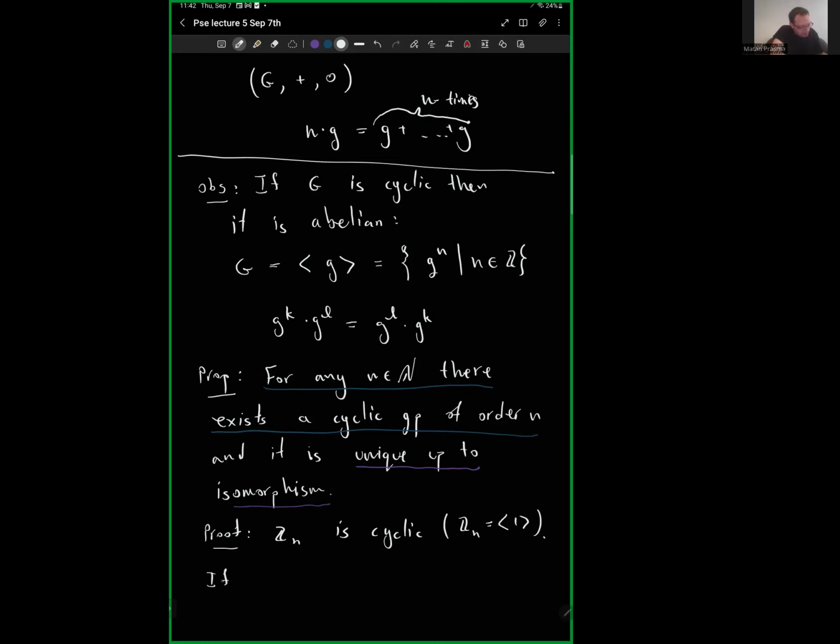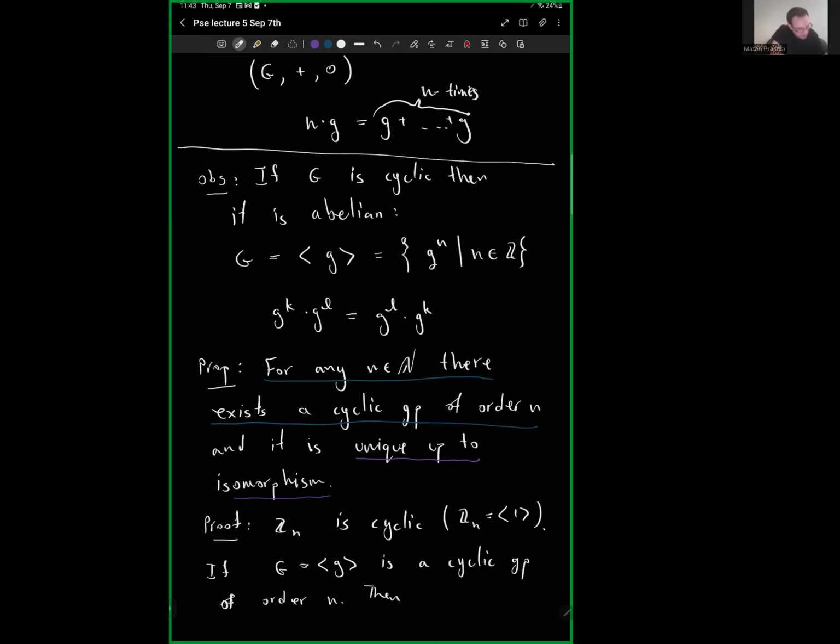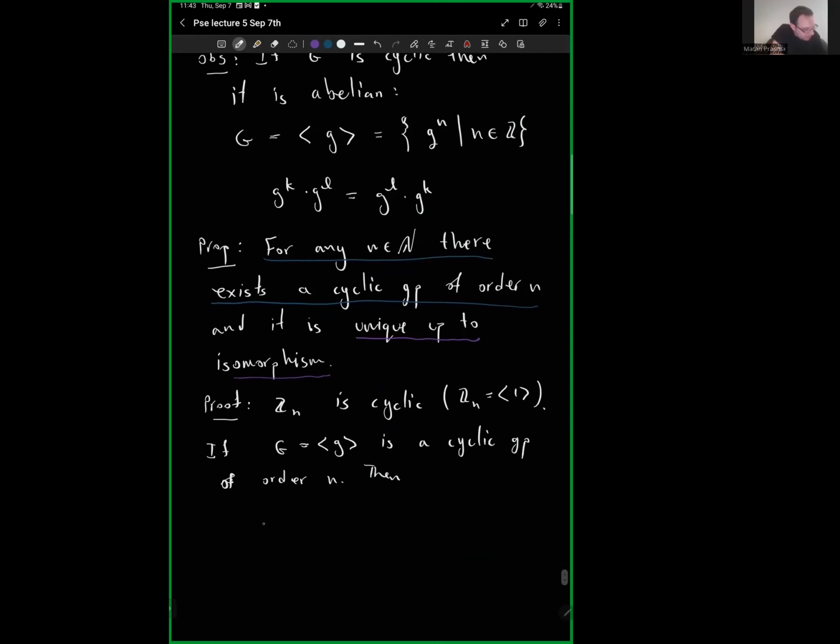Now, if G is a cyclic group, let's say I write it like this, G equals the group generated by lowercase g, and G is a cyclic group of order n. Then, of course, this we discussed earlier. I can write G as all the non-negative powers of the generator.